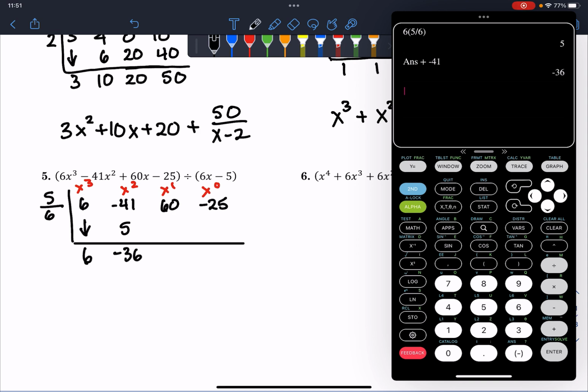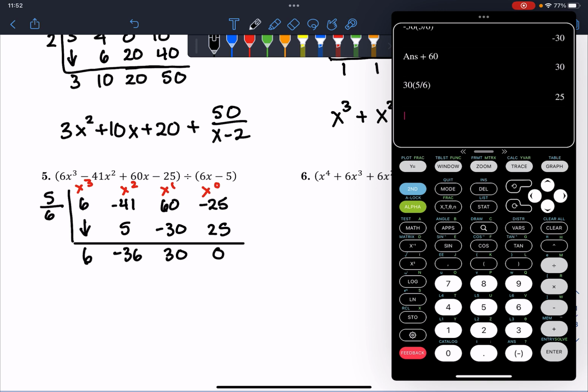Let's multiply -36 with, again, that 5 over 6. That's -30. Added with +60, that's +30. Multiplying that 30 with 5 over 6, again, is 25. And 25 plus -25 is equal to 0. So no remainder on this one.